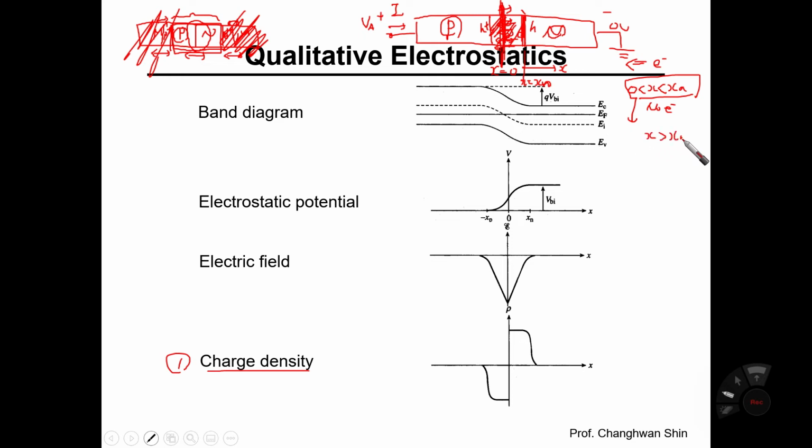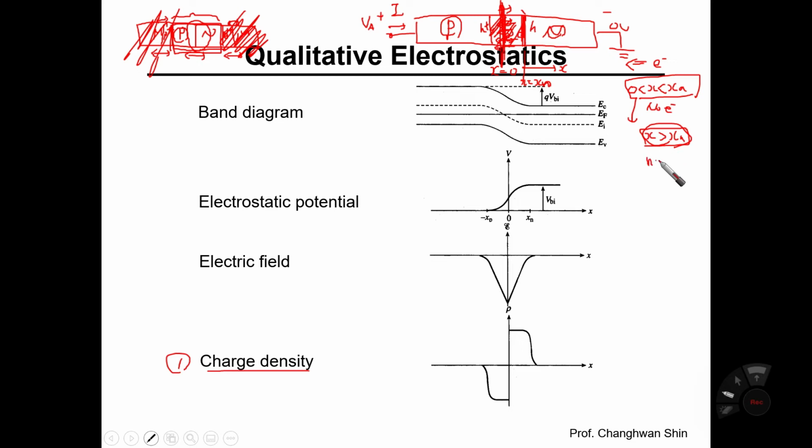However, in this region, the N-type semiconductor material is well neutralized: the electrons in the N-side material have been well neutralized with positively ionized donor atoms.